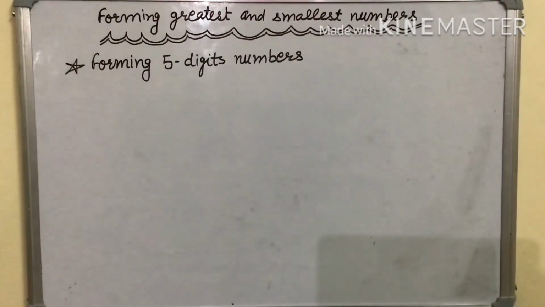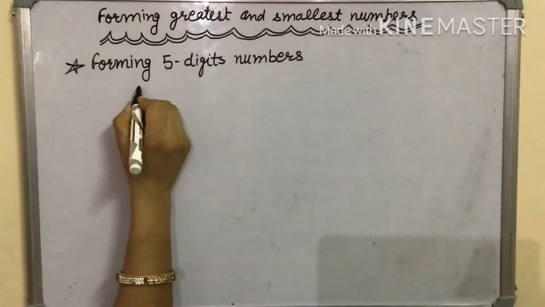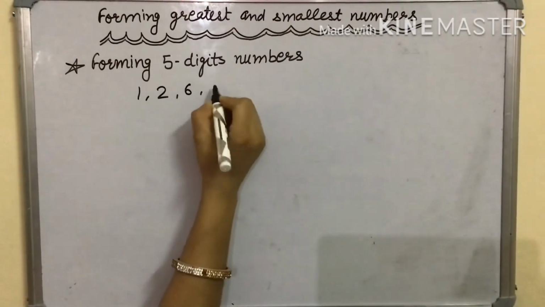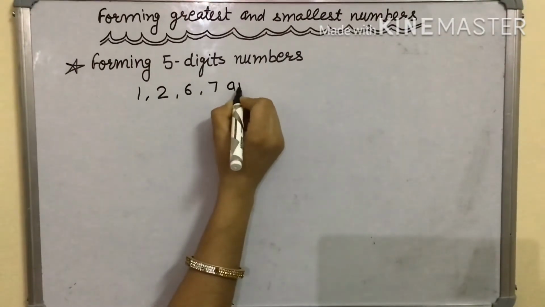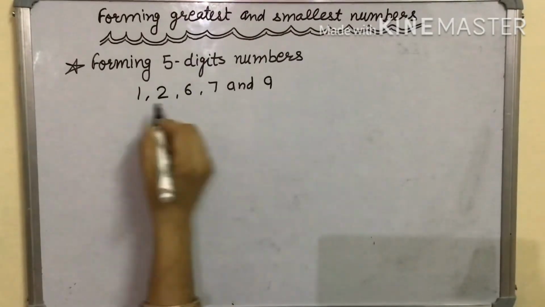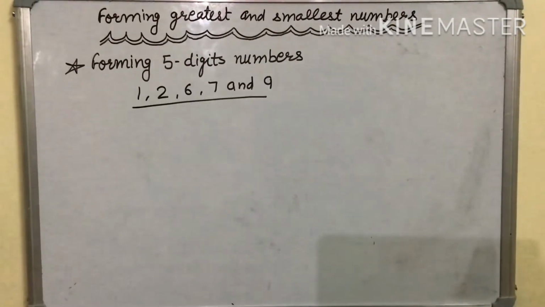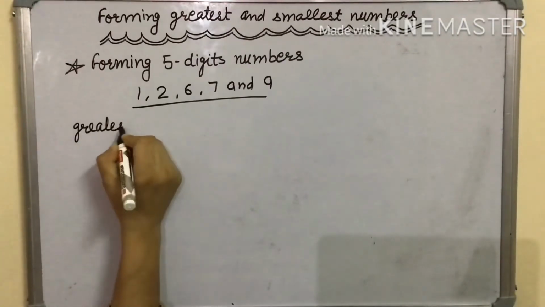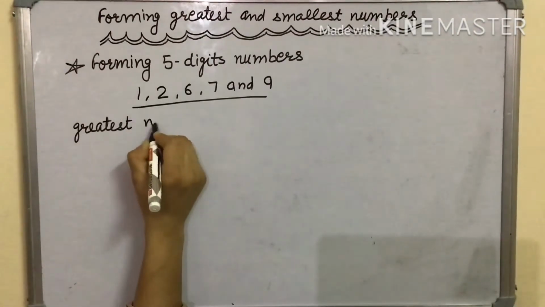Let's take an example of forming a 5 digit number. If we are given 1, 2, 6, 7 and 9. These 5 digits are given. So we will write the greatest 5 digit number.